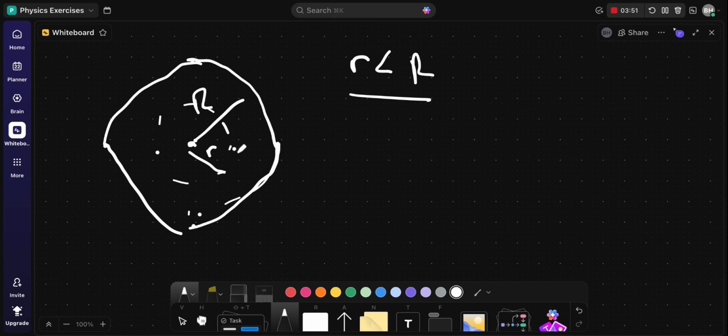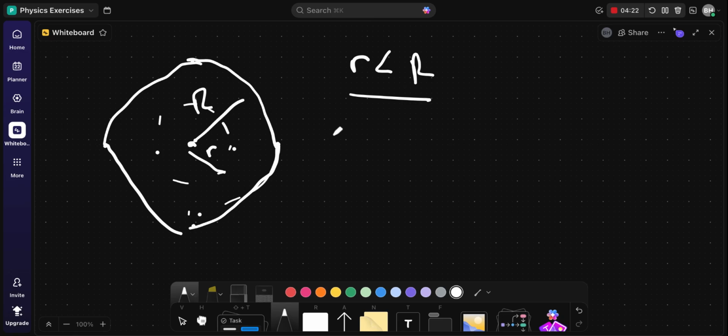That's just an example, and it's also a sphere, the one indicated by dashed lines, with a radius smaller than capital R. What that enables us to do is to calculate the electric field at a distance from the origin which is smaller than the radius of the object. So let us do this one.